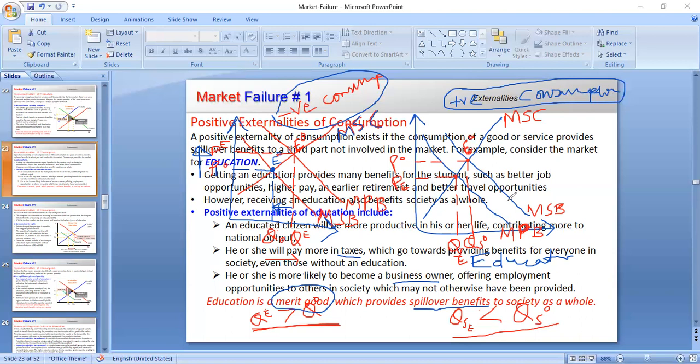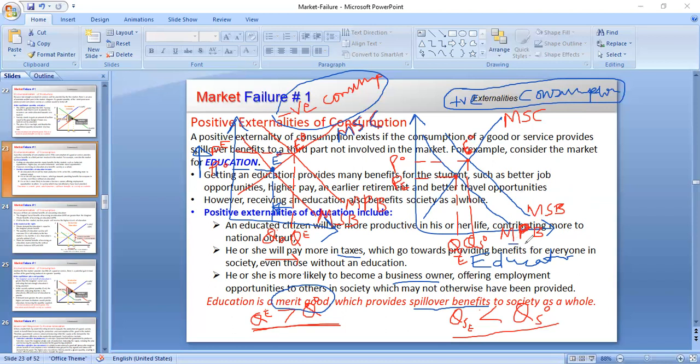But if people are educated and we are assuming they are getting jobs, they are getting employed, they are becoming entrepreneurs, then the crimes will reduce. So all those are positive benefits, which we basically call the marginal social benefit. So with education, which is a positive externality of consumption, that's why we say that the marginal social benefit is greater than the marginal private benefit.